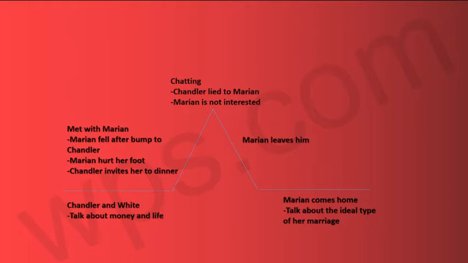White is asking Chandler where he will go this night. Does he have a plan? And Chandler said yes, I will go to eat at an expensive restaurant. And White is very surprised because he knows Chandler doesn't have money. So where did he get his money from?